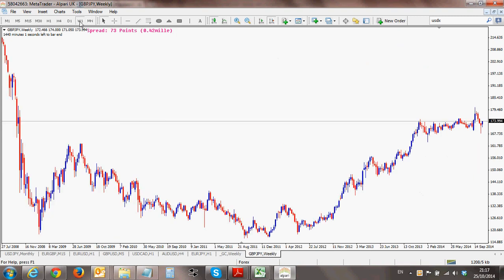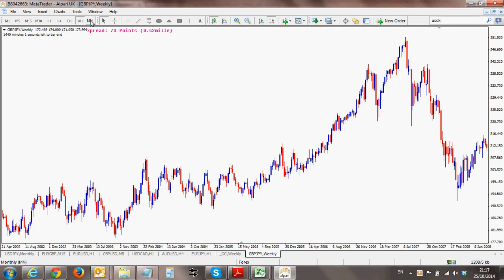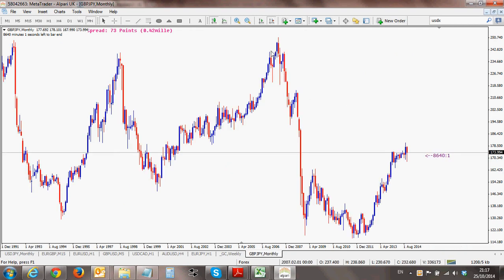This is a fantastic Quasimodo, which you actually see on the monthly, where it spikes up, comes down, spikes up again, and you've been looking for a reason to go short because of this, and so it comes back down, breaks this low, and then comes back here, which is superb.